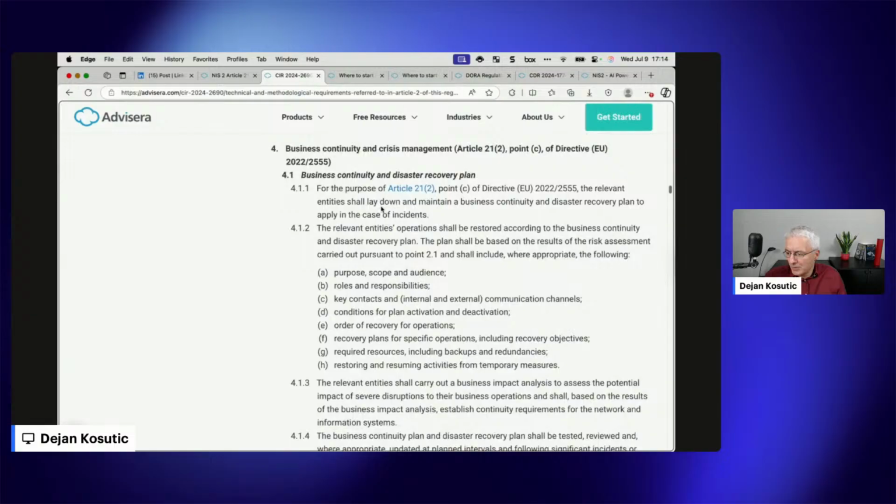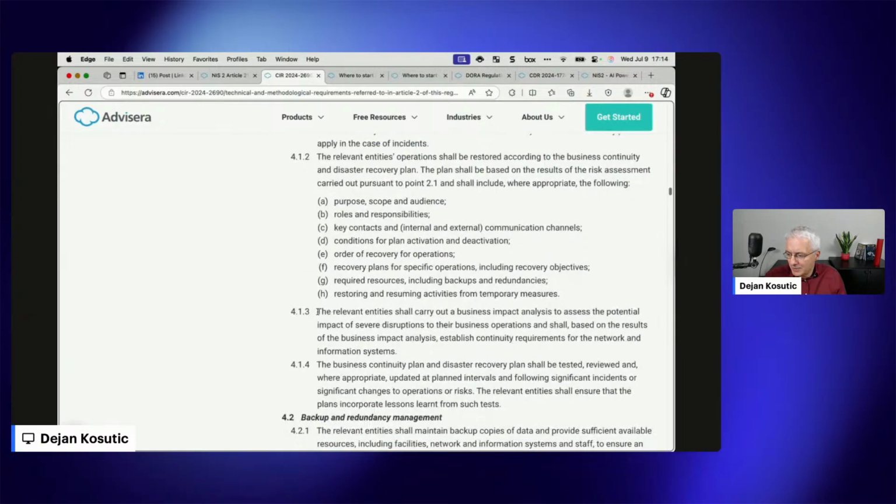This is 4.1.3, business continuity and disaster recovery plan, and then you have this one here: the relevant entities shall carry out a business impact analysis to assess the potential impact of severe disruptions to their business operations, and shall, based on the results of the business impact analysis, establish continuity requirements for the network and information systems.